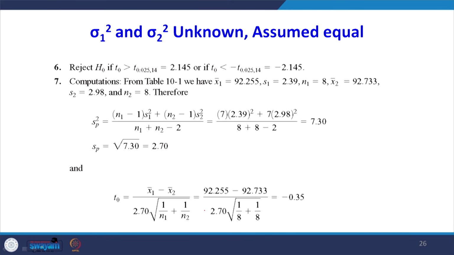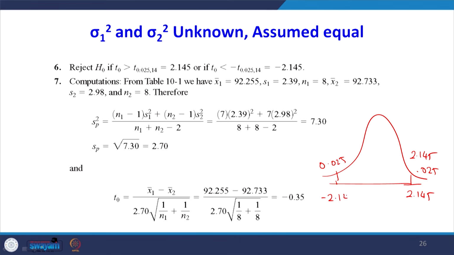When we look at the statistical table, with 14 degrees of freedom, since it is a two tail test, this area is 0.025, this area is 0.025. The right hand side value is 2.145, and the left hand side is minus 2.145, it is symmetric.